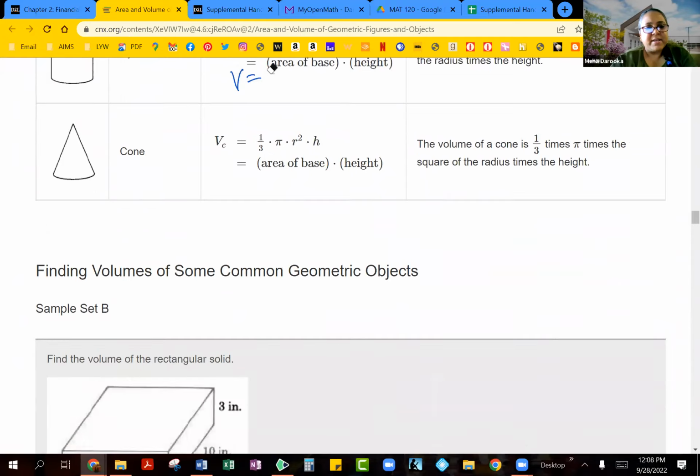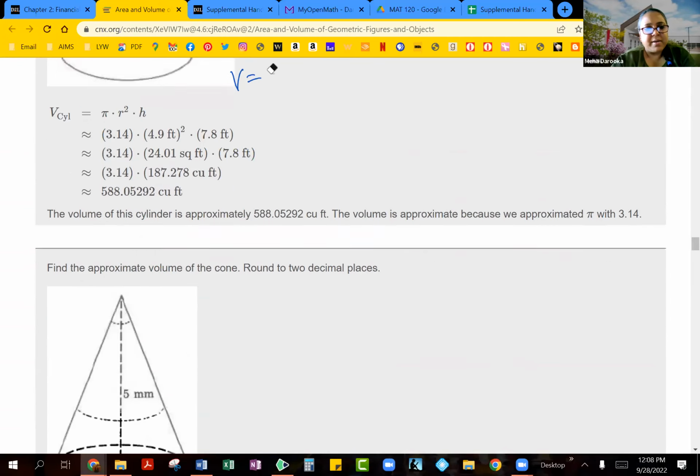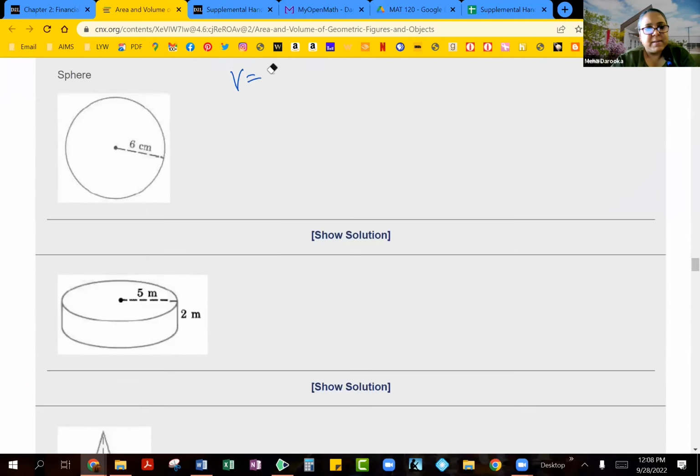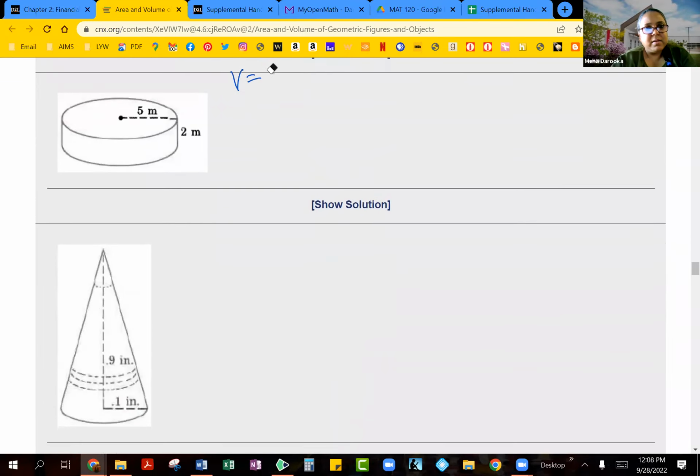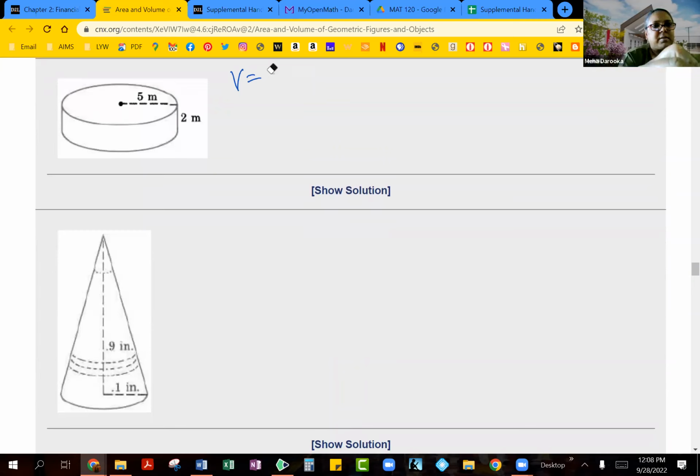Pi r square h, yeah, so just the area of the bottom and then the height. Okay, so cylinder, pi r square h.